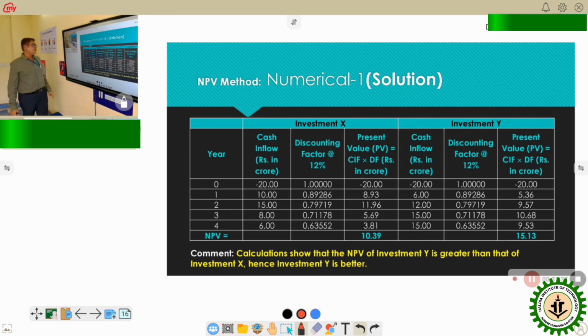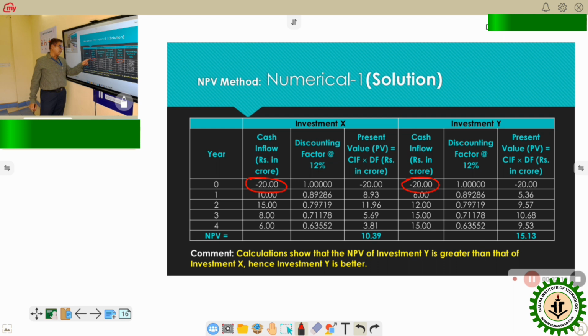Now we have calculated the present value by multiplying the discounting factor with the respective cash flow. Now let me say why we are using this minus sign. Actually, we are making the calculation in one shot. That means we are including all the cash flows. At the 0th year, this 20 crore is a cash outflow. Since this is the investment, we are using a negative sign.